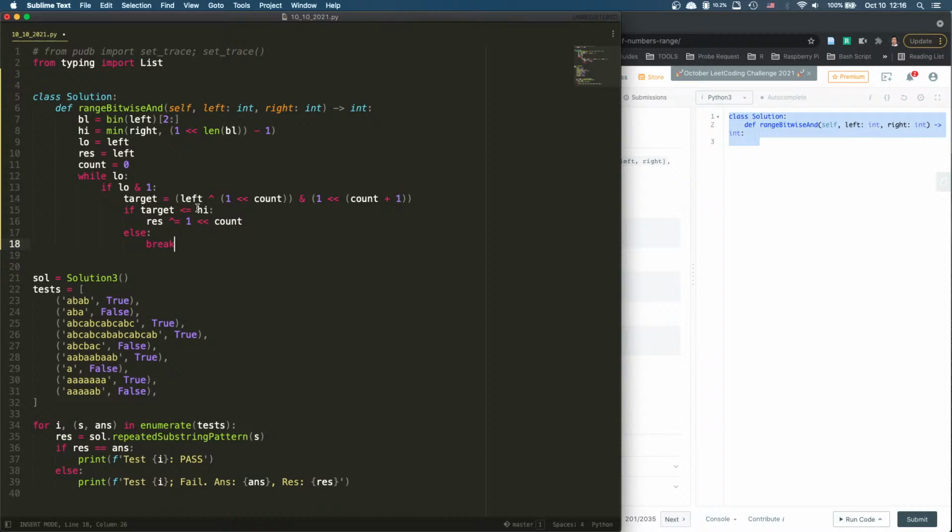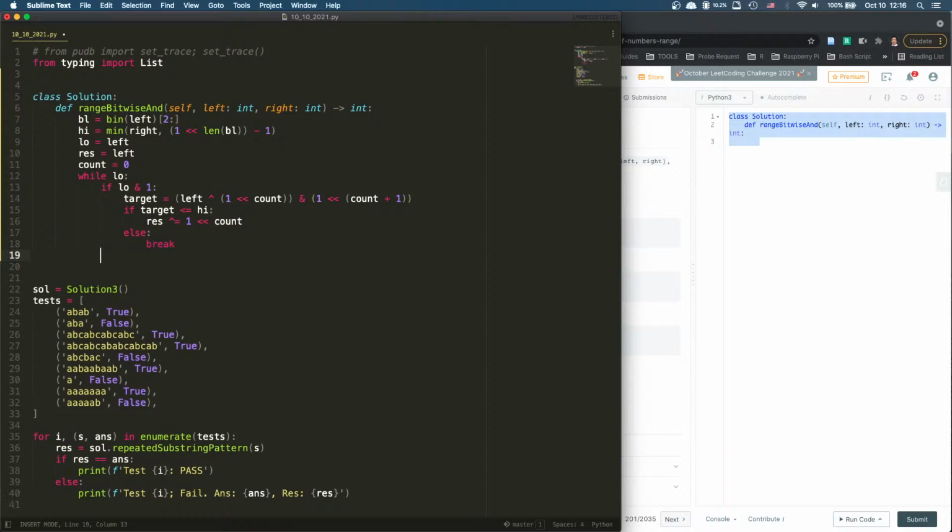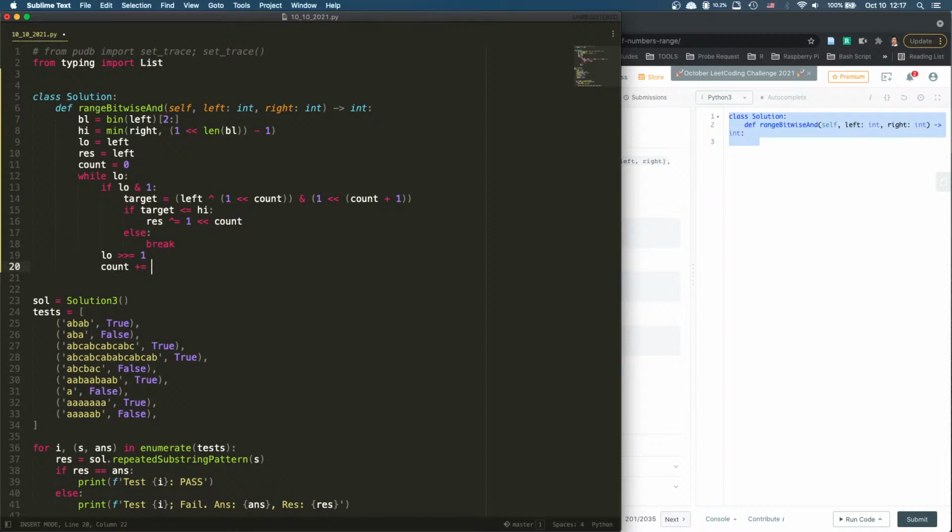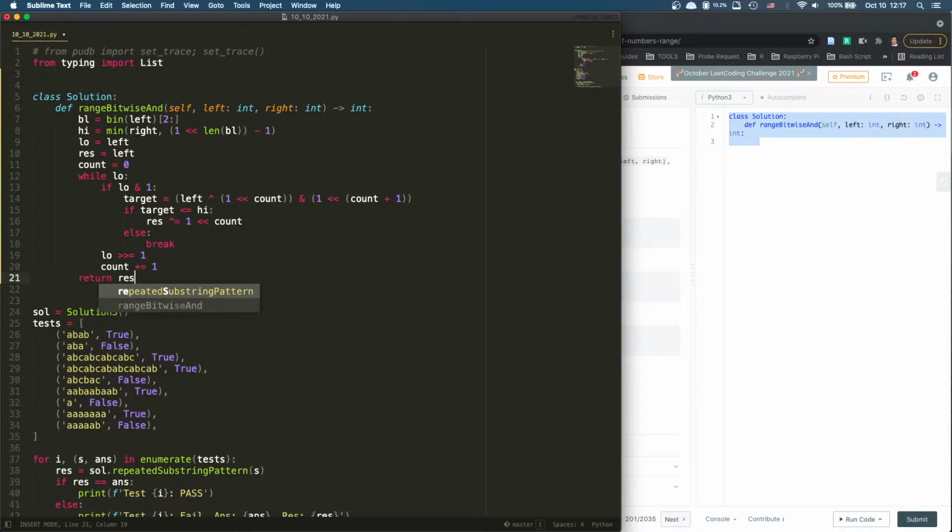Else, if the target is larger, is not in high, then that one will never be handled, and then we're done. So if this is going to be this, otherwise, just a low right shift equal 1. So we always keep right shifting, and every time right shift counter be incrementing, and eventually we return res.